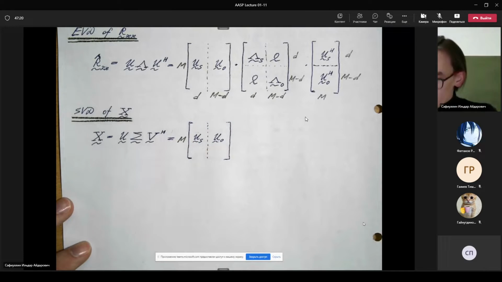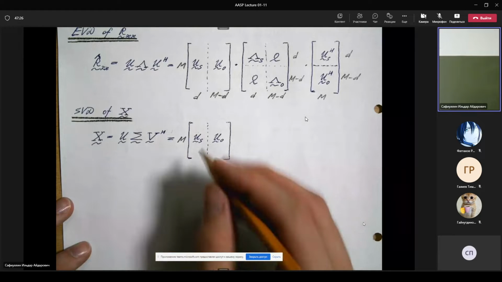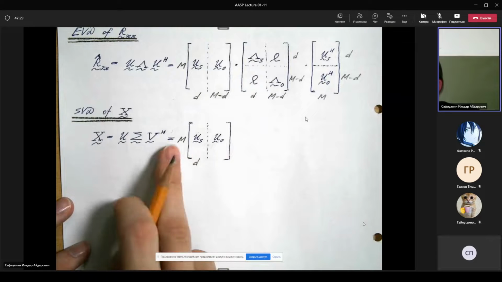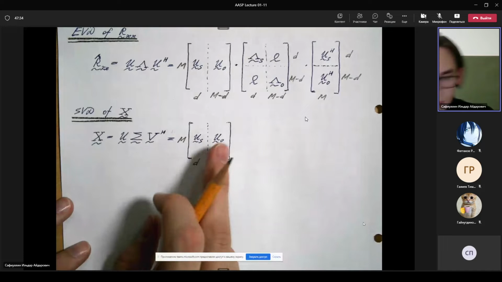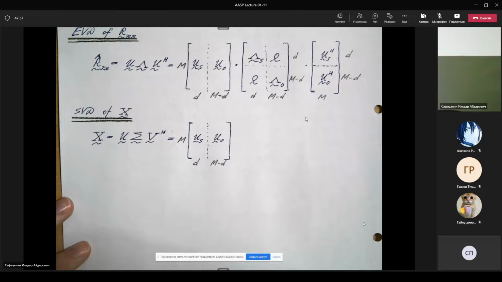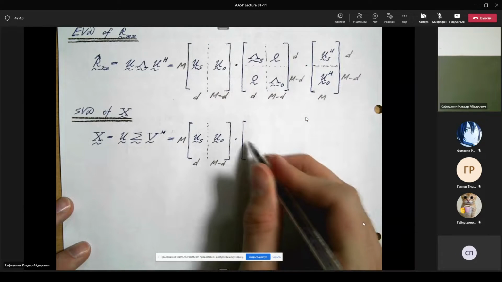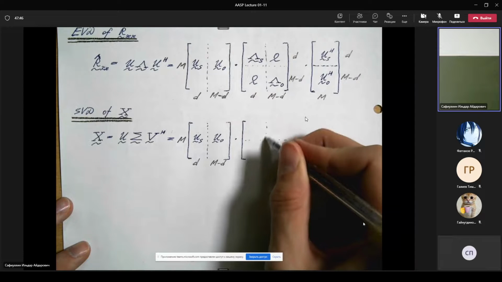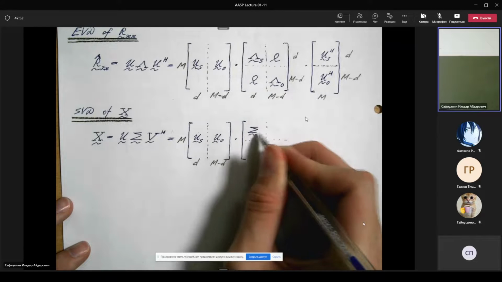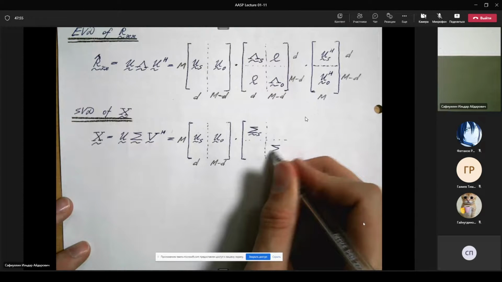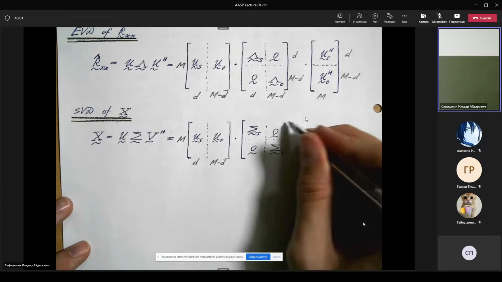The number of rows is equal to M. The number of columns is equal to d for U subscript s, and M minus d for U subscript 0. Then here we have sigma subscript s and sigma subscript 0, and the rest of the elements are equal to 0 matrices.